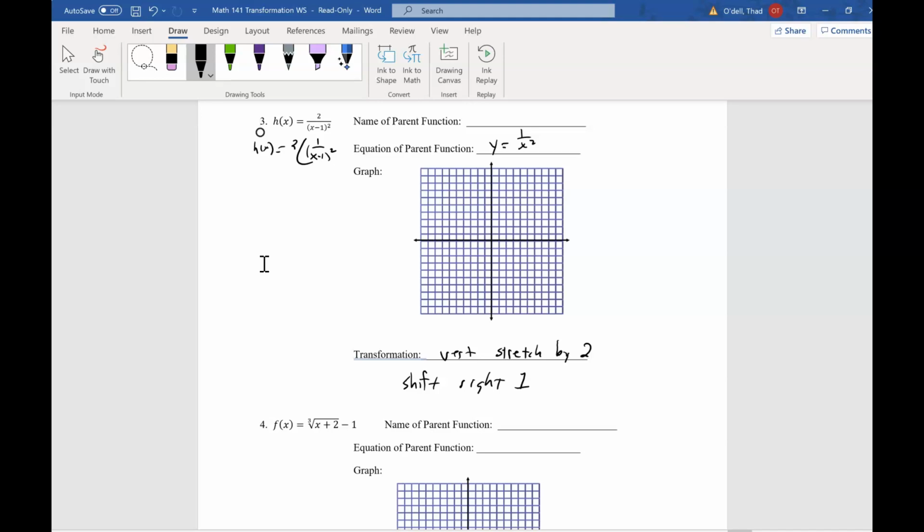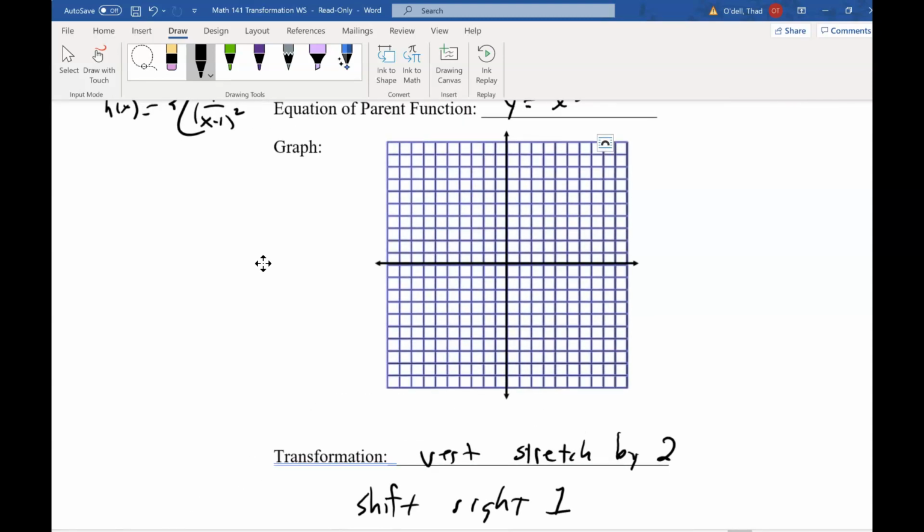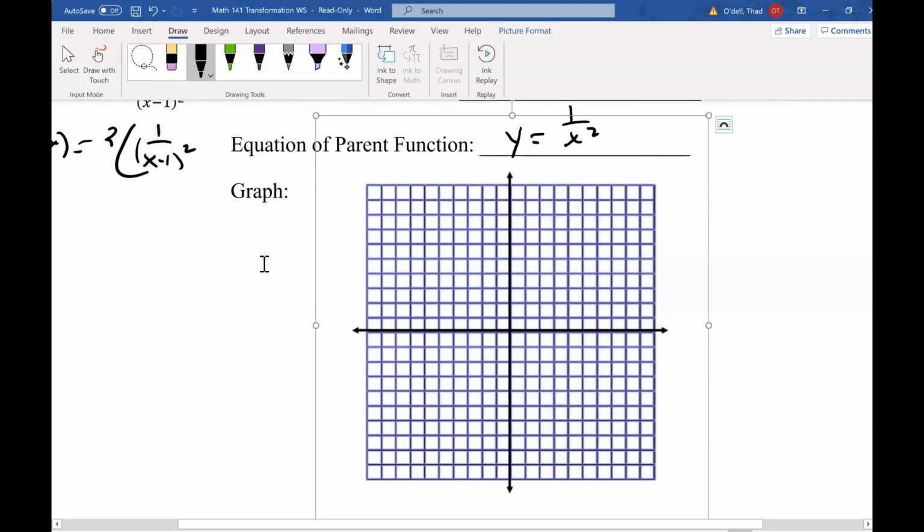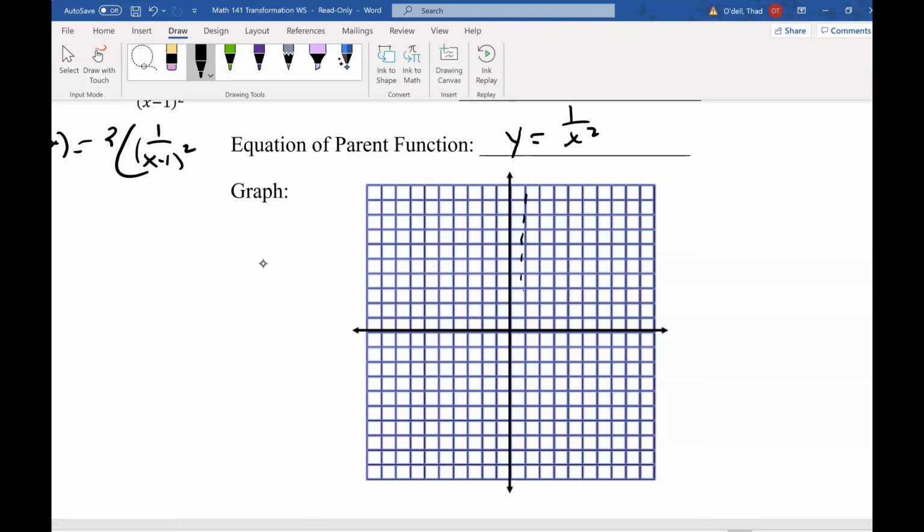So then we go to graph it. I'm going to go to the right one and again draw the asymptotes. That means we'd have an asymptote going right through there and an asymptote on the x-axis. Now normally from there I'd go over 1, up 1, but this is a vertical stretch, so I'm going to go over 1, up 2. So it'll be a dot right there.